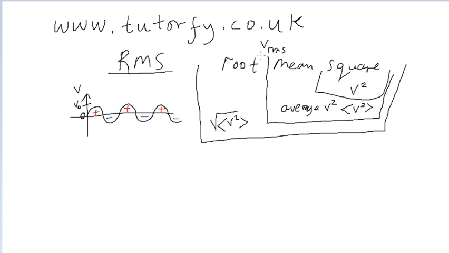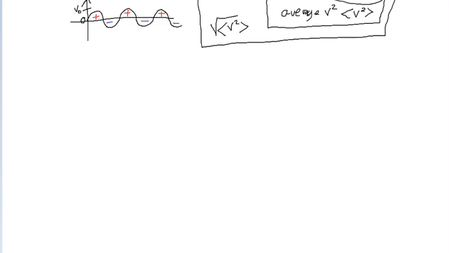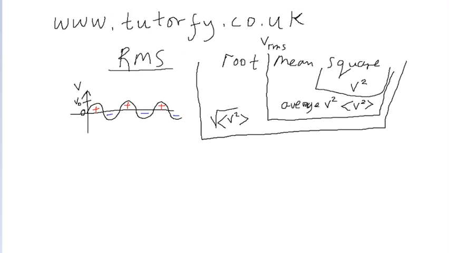Okay, now let's look at this a bit more concretely. Maybe that's a little too small, but let's try to work with it nonetheless. This is our AC voltage, and what we're going to do first of all is just square it.